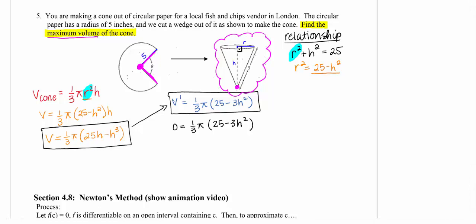So if I set my volume derivative equation equal to 0, I can divide both sides by this 1/3 pi, or multiply both sides by 3 and then divide by pi, but then it's gone. So 0 equals 25 minus 3h squared. So I'm going to add 3h squared to the left-hand side and the right-hand side. Divide by 3.